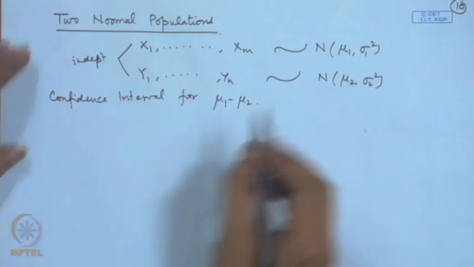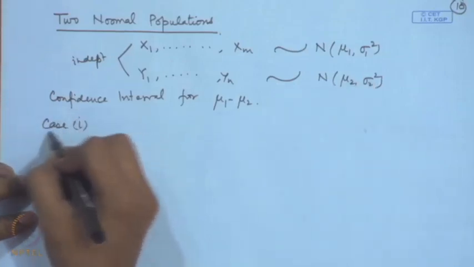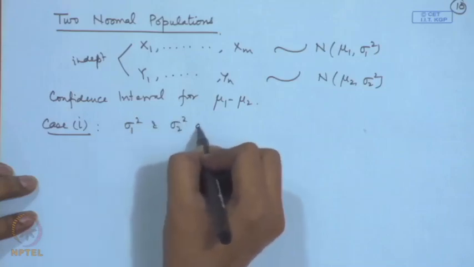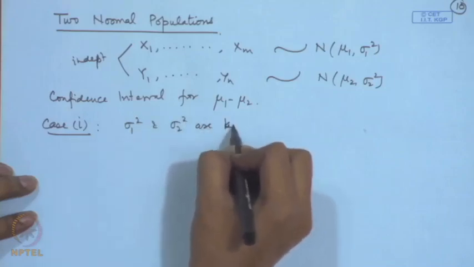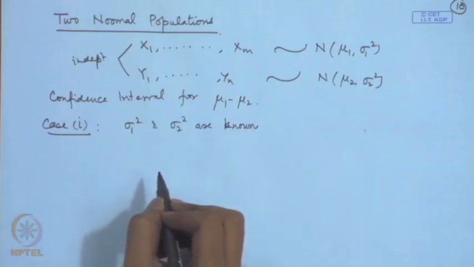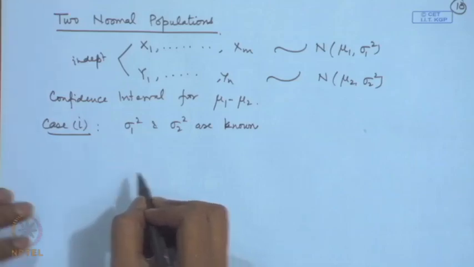There can be several cases. The first case is that sigma 1 square and sigma 2 square are known. When they are known, the sufficient statistic is only x bar, y bar, and therefore we can base our interval on that itself.